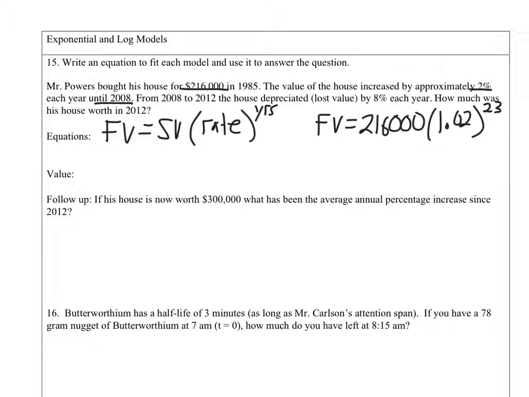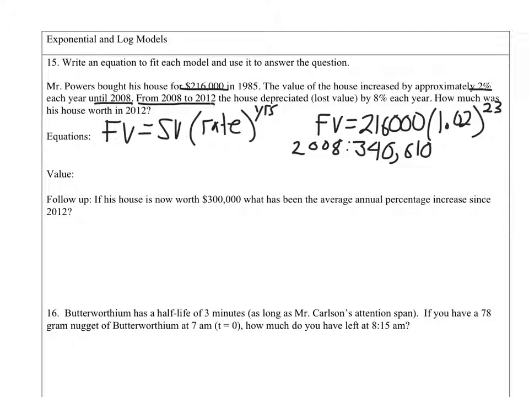So I've got 216,000 times 1.02 to the 23rd. And I get, in 2008, we're looking at $340,610, and a little bit of change, but that's less important for this.